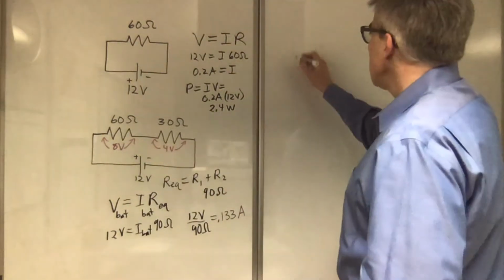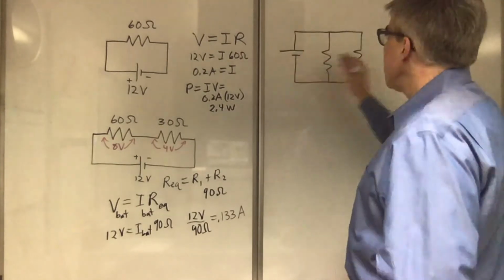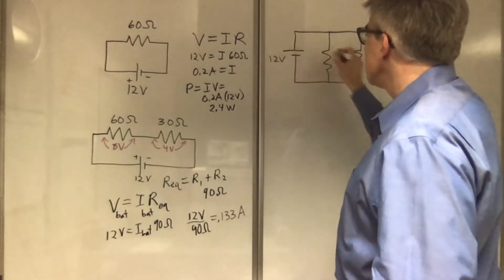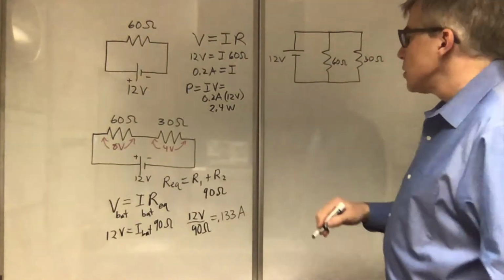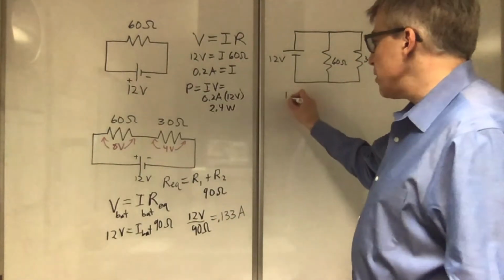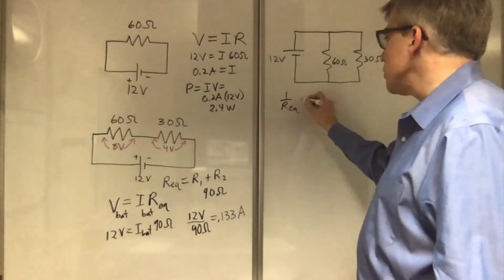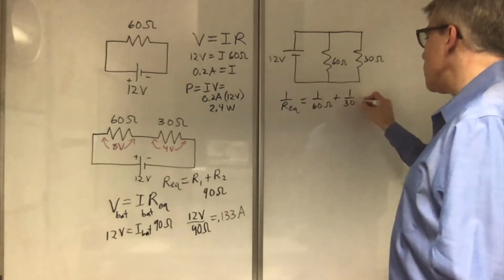How about another one? If we put the resistors in parallel and 12 volts, 60 ohms, 30 ohms, if you want the equivalent resistance, because these are in parallel, 1 over Req is 1 over 60 ohms plus 1 over 30 ohms.